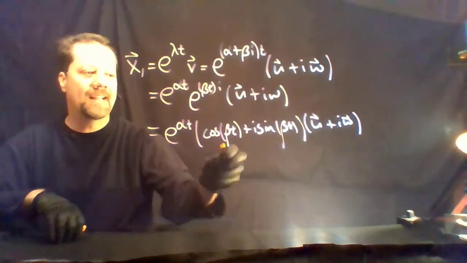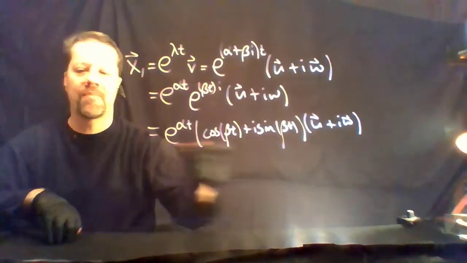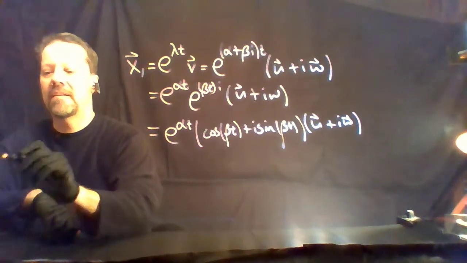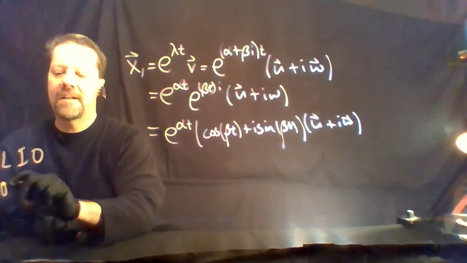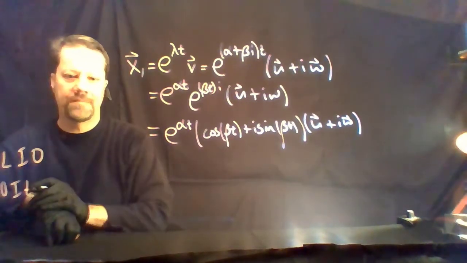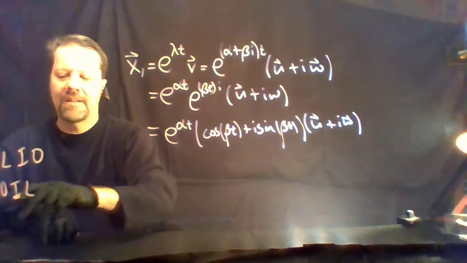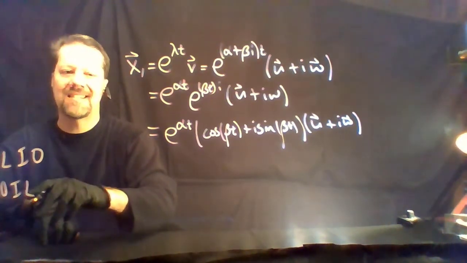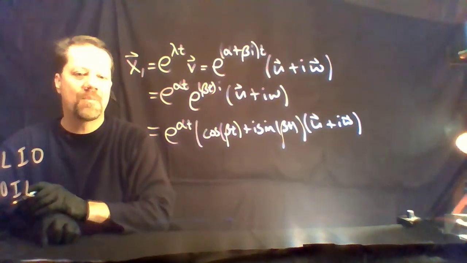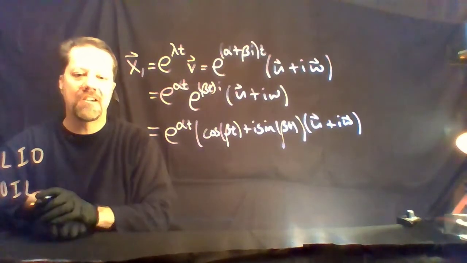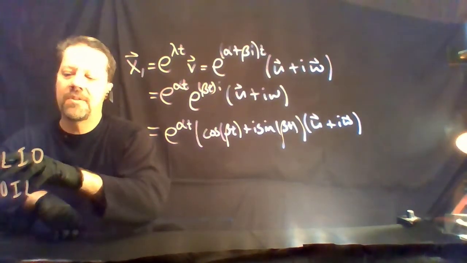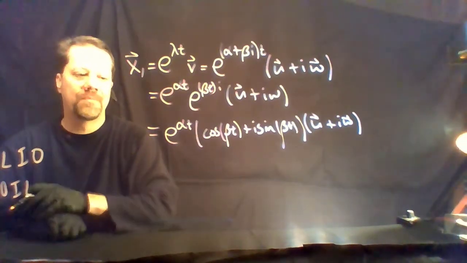When multiplying complex numbers like this, it's better to FLIO instead of FOIL. FOIL is the acronym first, outer, inner, last. For complex numbers, in order to combine the real parts first and then the imaginary parts second, it's better to do first, last, inner, outer.